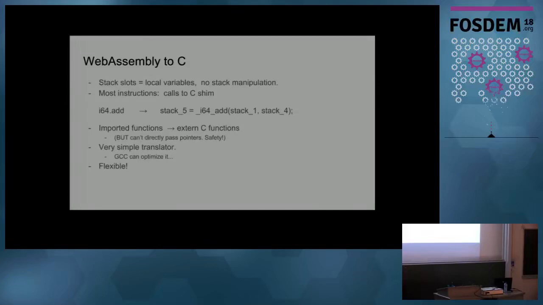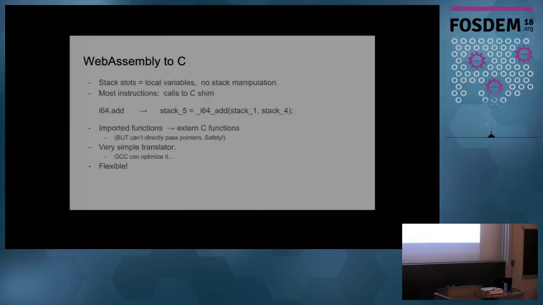For this, you can't actually directly pass pointers between the WebAssembly code and native code, but you can make bindings which take care of that. And this is part of the safety requirements, that you can't just pass any pointer.